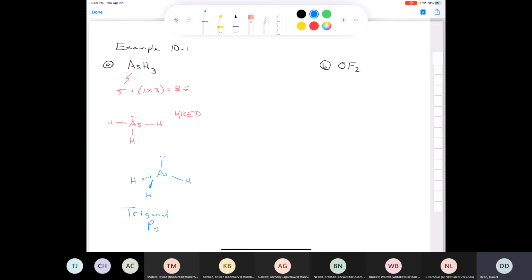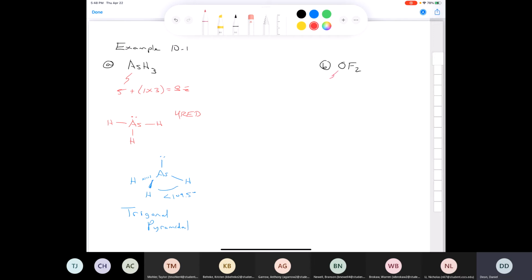Trigonal pyramidal, right? I've got a central atom bound to 3 outer atoms and 1 lone pair. Okay, that means it's trigonal pyramidal. The bond angle here will be less than 109.5 degrees.